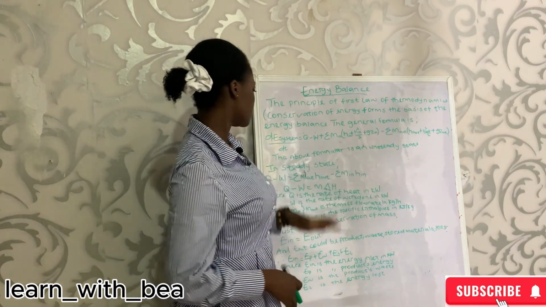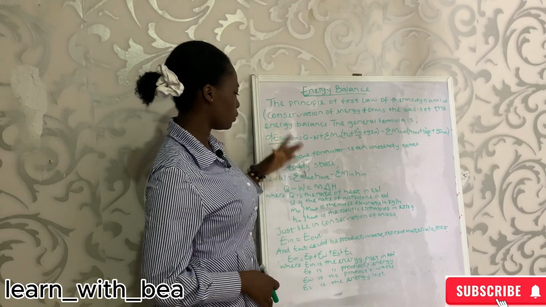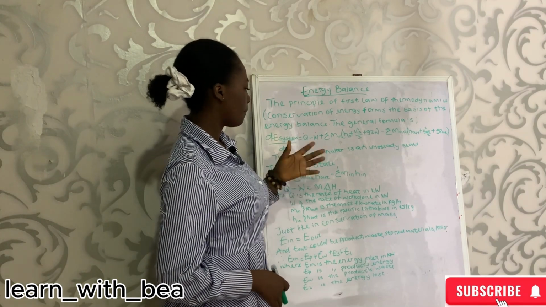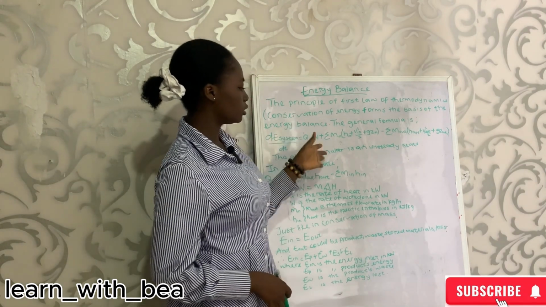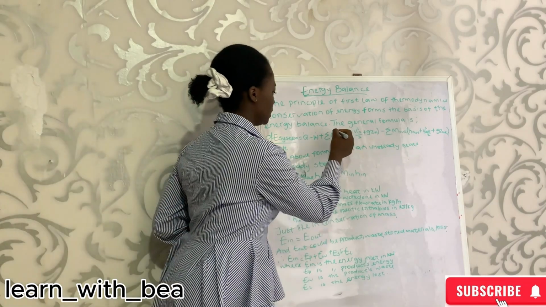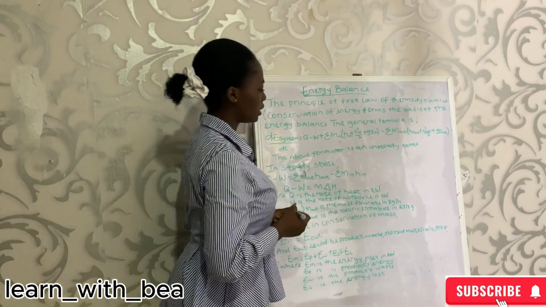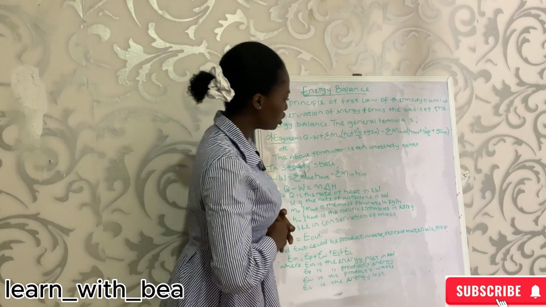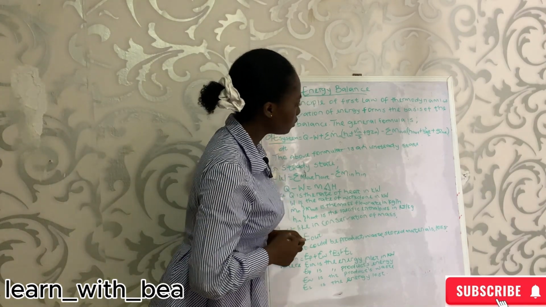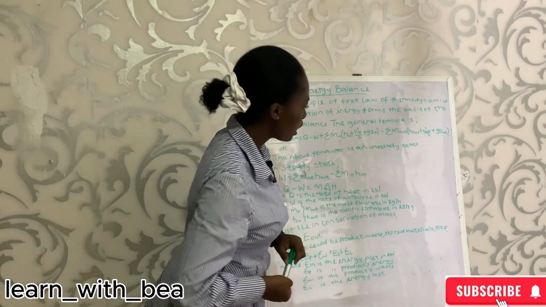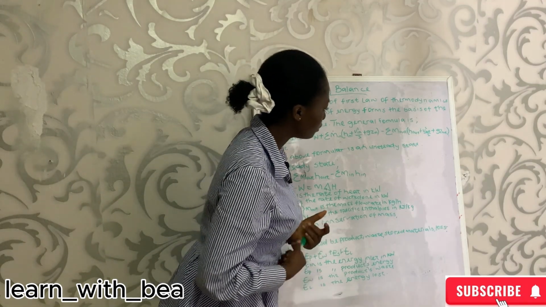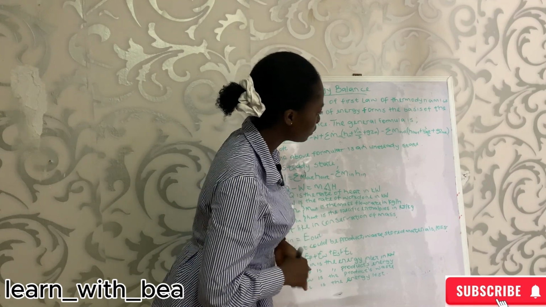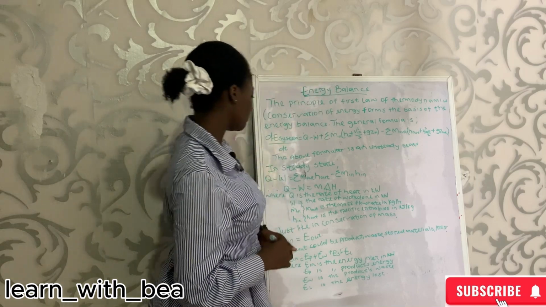So the formula is dE of the system over dt equals the rate of heat minus the rate of work done, plus the summation of mass flow rate in, times, in brackets, enthalpy in plus velocity squared in divided by 2 plus g times Z in, minus the summation of m out times, in brackets, enthalpy out plus velocity squared out divided by 2 plus gravitational force times Z out.